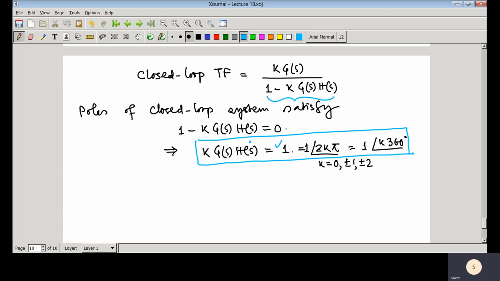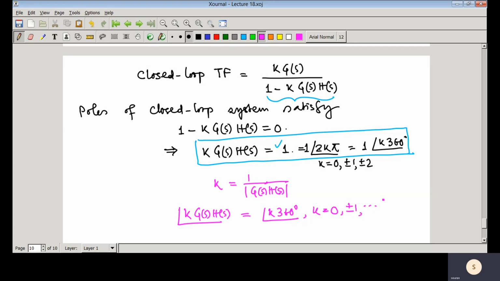So this is the angle criteria, and from here you have two things. One is the gain: K should satisfy the magnitude of G of S H of S. This is the gain criteria. And the phase criteria is that the angle of K G of S H of S must satisfy angle k 360 degree, where k equal to 0, plus minus 1 and so on.